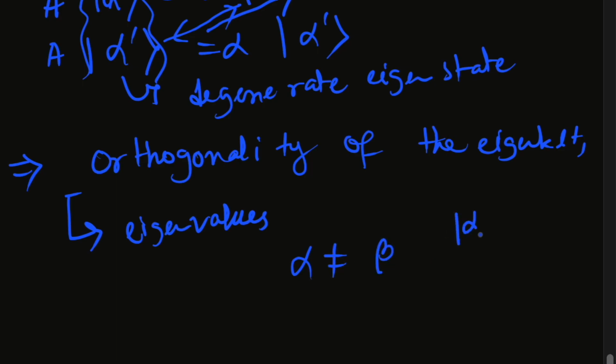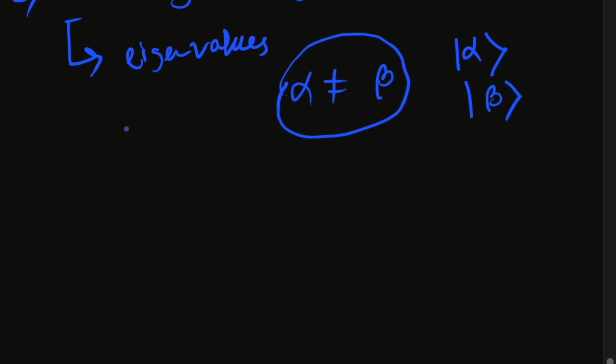If there are two eigenstates alpha and beta, then alpha not equal to beta, we assume that. But for a degenerate observable, alpha can be equal to beta when these two states are linearly independent.